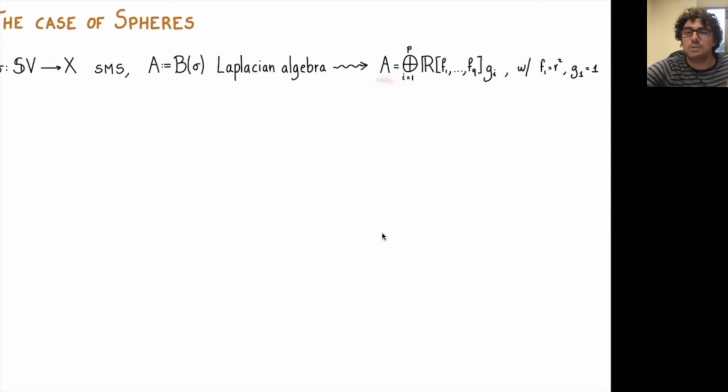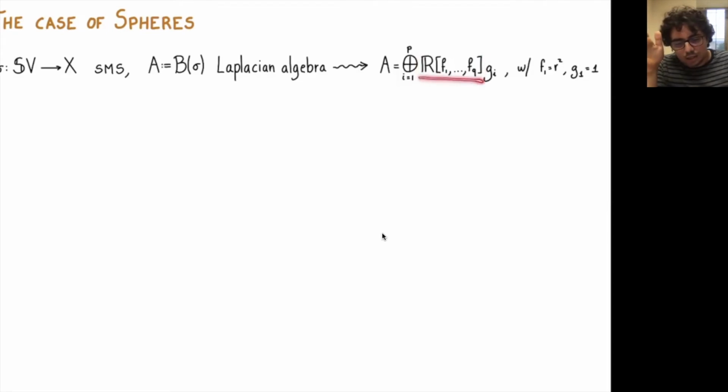You can describe the algebra in terms of 2 types of generators. One is the generators F1 through Fq. These are algebraically independent polynomials, so this really is a free algebra on q polynomials.